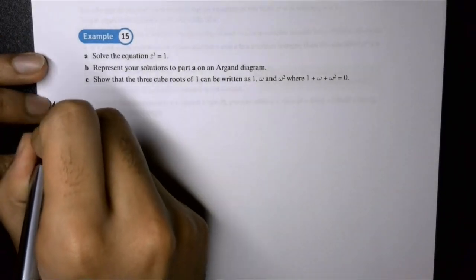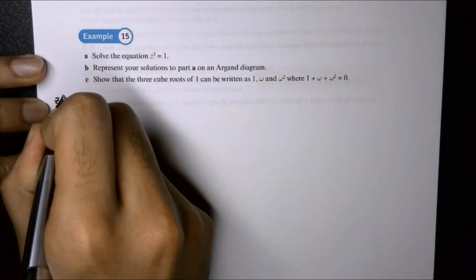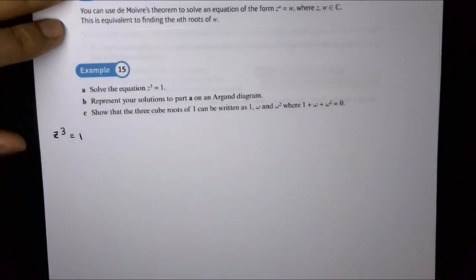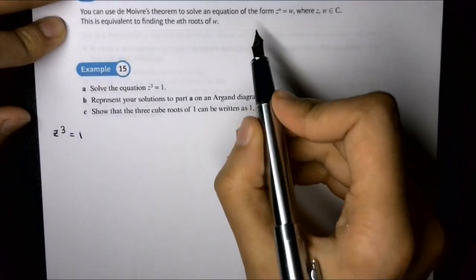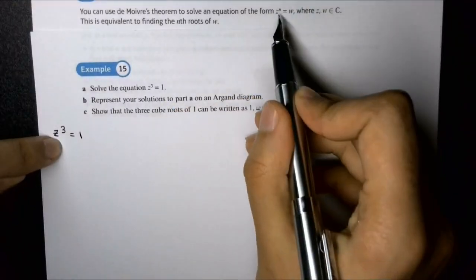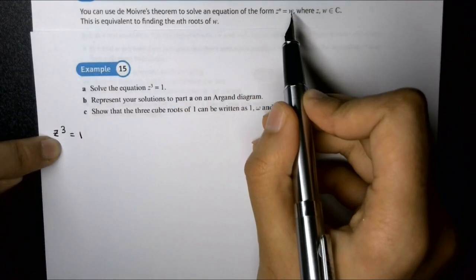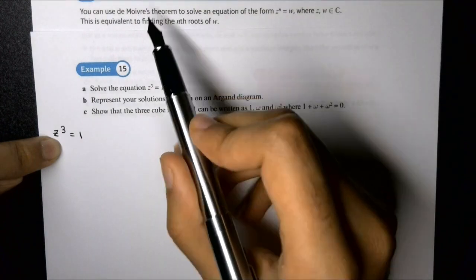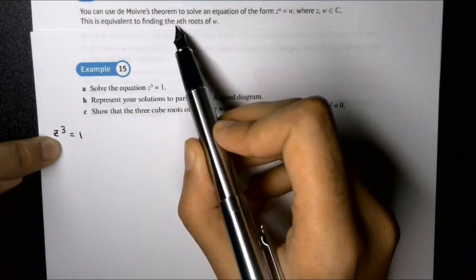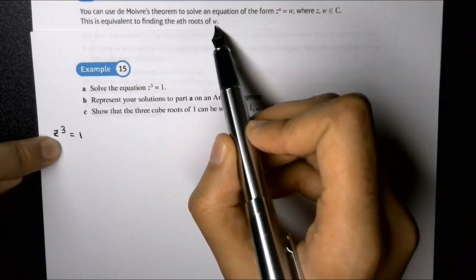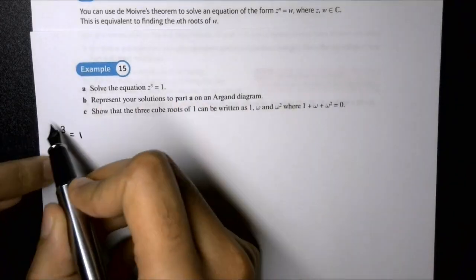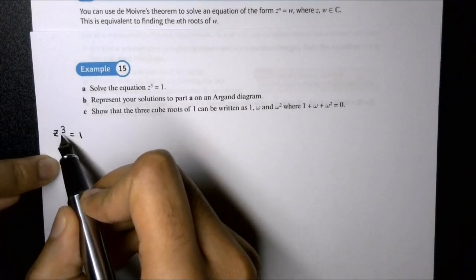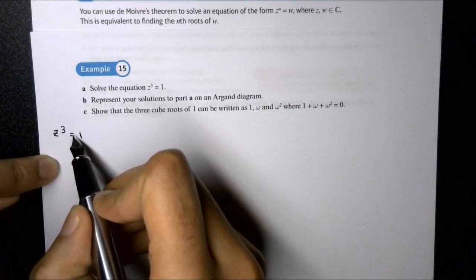So we begin with z cubed equaling 1, and if you take a look at what we mentioned in the notes, you can see that this equation is of the form z to the power of n equals w, and therefore to solve this equation we'd have to use De Moivre's theorem, and this is equivalent to finding the nth roots of w. Because z is being raised to the power of 3, we'd end up with 3 roots to this equation.